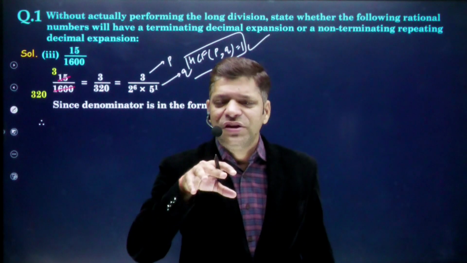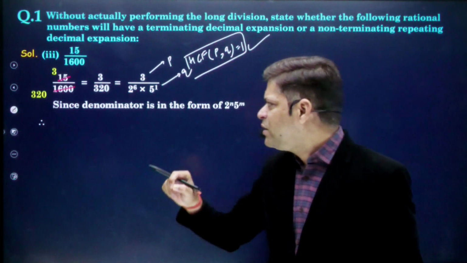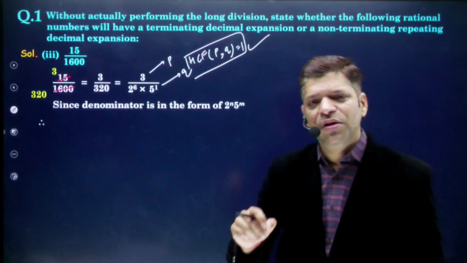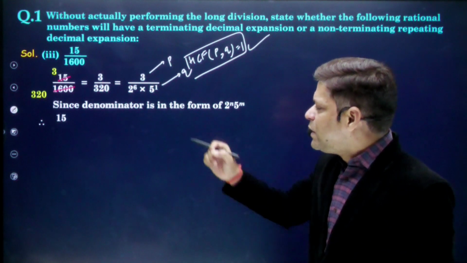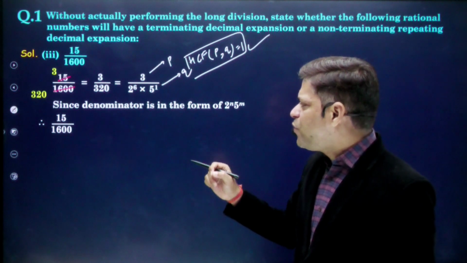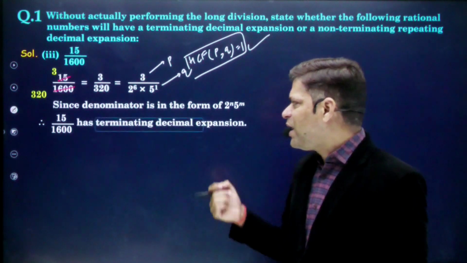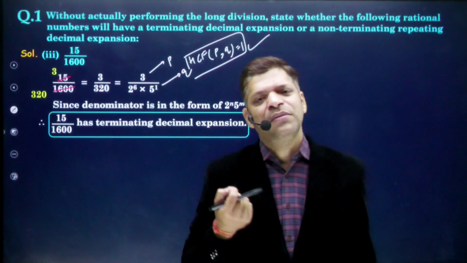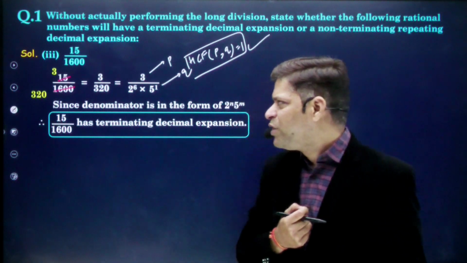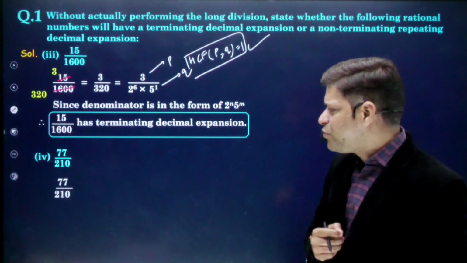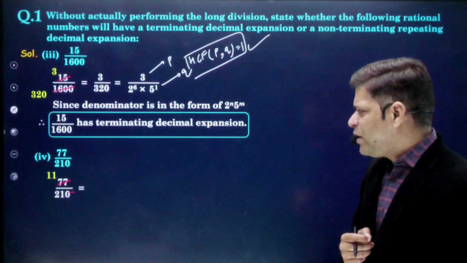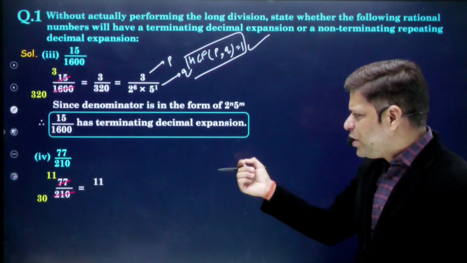Second, we check that the denominator is in the form of 2 raised to the power n, 5 raised to the power m. So the given rational number has a terminating decimal expansion.